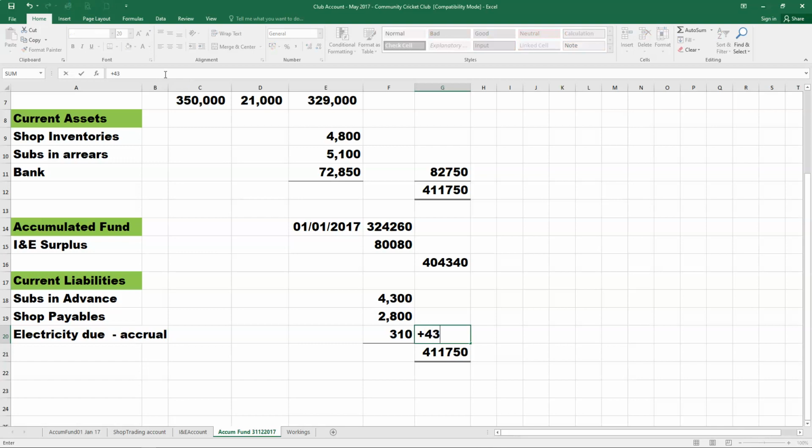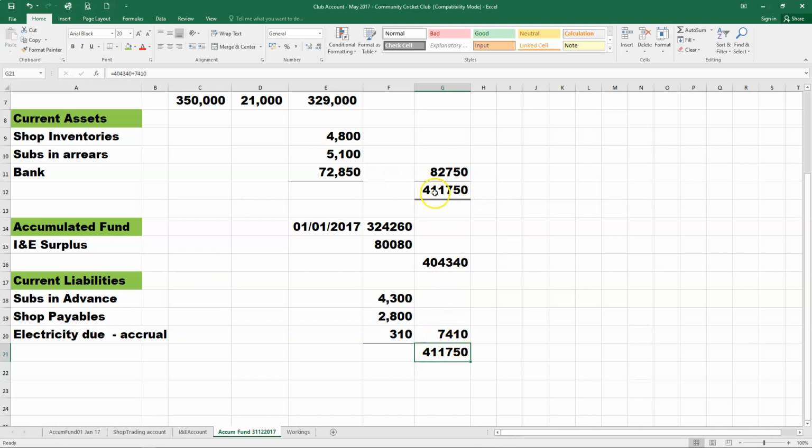So 4,300, 2,800 and €310 gives me €7,410. Okay, and then we add both of them together. So when you add your 404,340 plus your 7,410, that gives you 411,750, which has your account balancing off again.